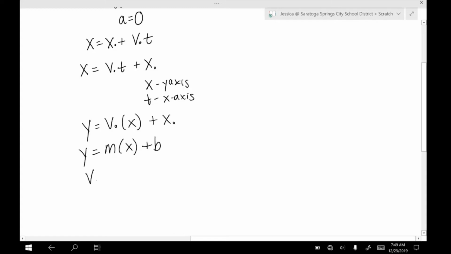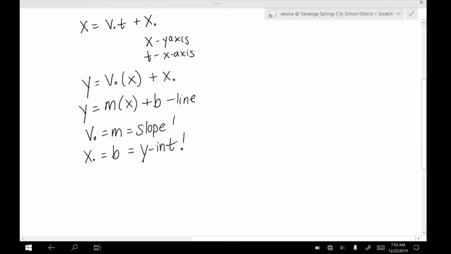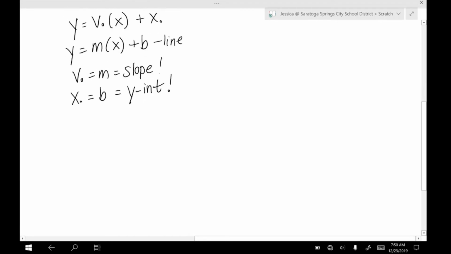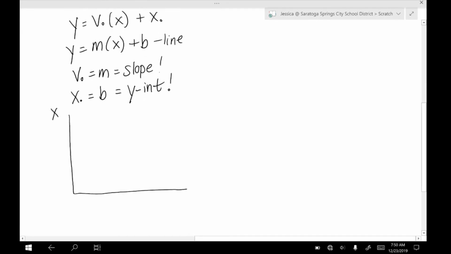That tells me that my initial velocity is my m value, or my slope. And that tells me my initial position is my b value, or my y-intercept. And this is the equation for a line. So if I have a position versus time graph for constant velocity, I should have a lovely line graph.